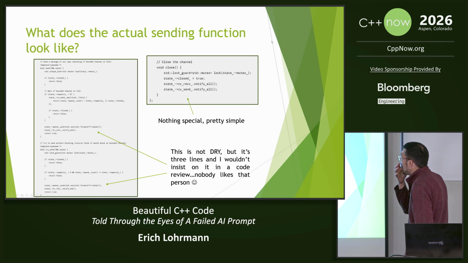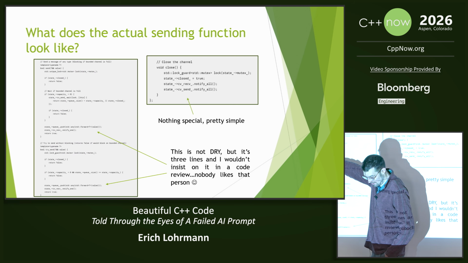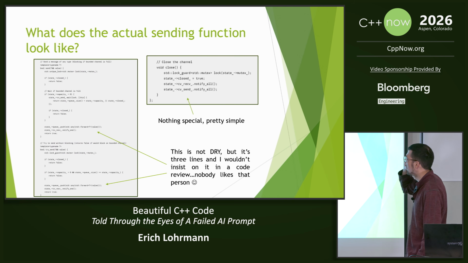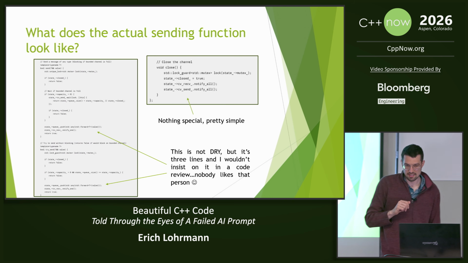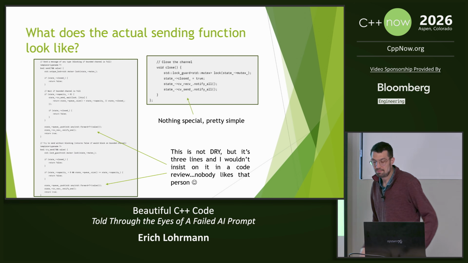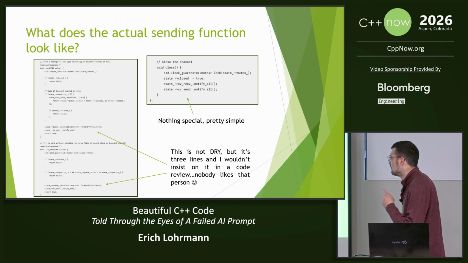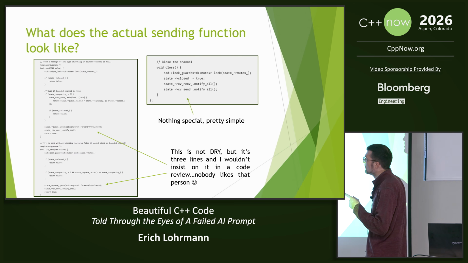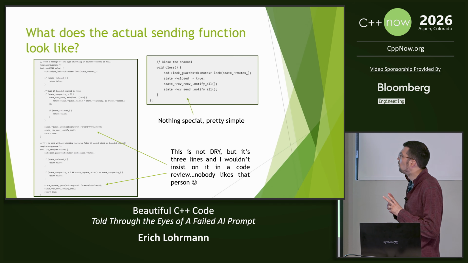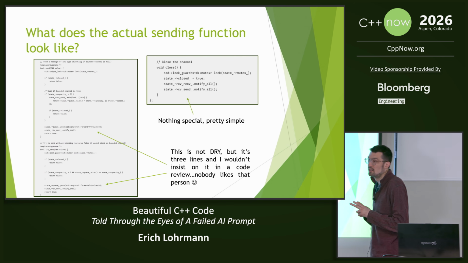And then this is what the actual sending function looks like. You see it does universal referencing and perfect forwarding correctly, except it doesn't. And this is what I realized. I was looking through this and realized that the perfect forwarding was in there already, but I remember this being distinctive, that it had instead written two templated send functions, one with a single L value reference, and the other one with a universal reference.